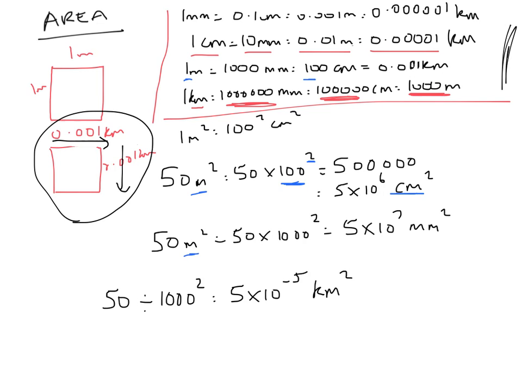To get from metres to millimetres, I times by 1,000. So look, I've times by 1,000 squared. To get from metres to kilometres, we divide by 1,000. So I've divided by 1,000 squared. Exactly the same as when we're thinking about area factors.